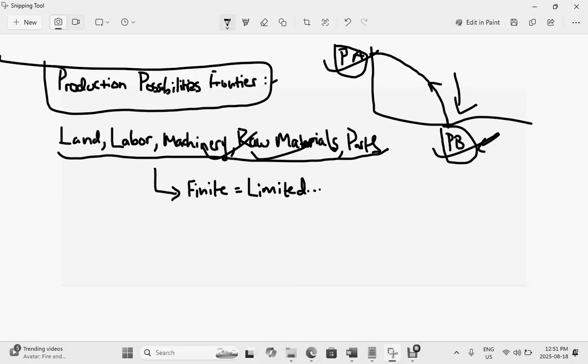Say for example you have spending on national defense, and then you have education or healthcare. So let's say healthcare. As the government spends more money on national defense, the opportunity cost is healthcare.